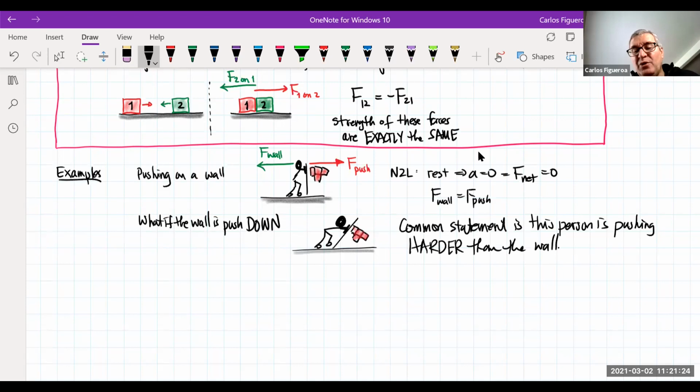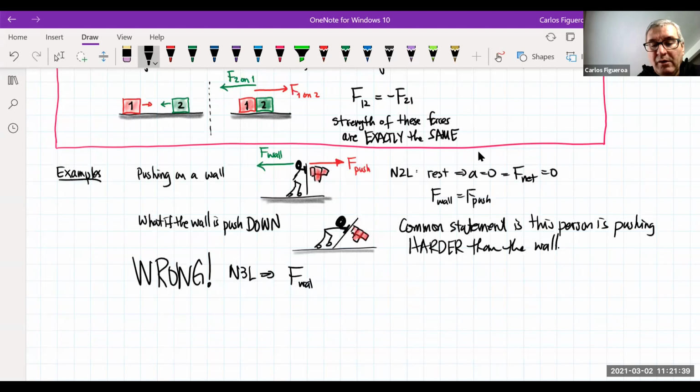He pushed down the wall. Of course he's pushing down harder. Wrong. Newton's third law says that the force of the wall is equal to the force of the push. That's what Newton's law says.